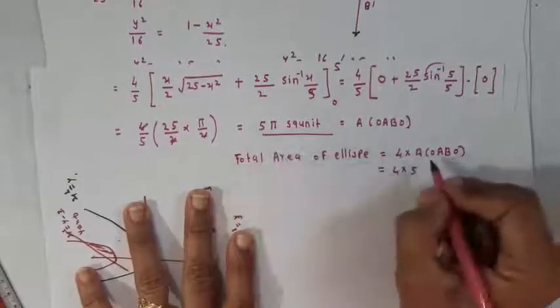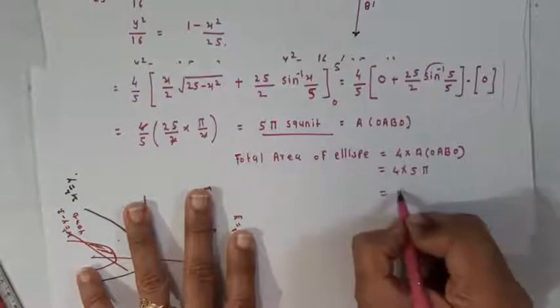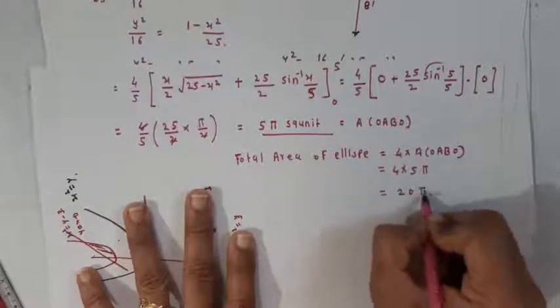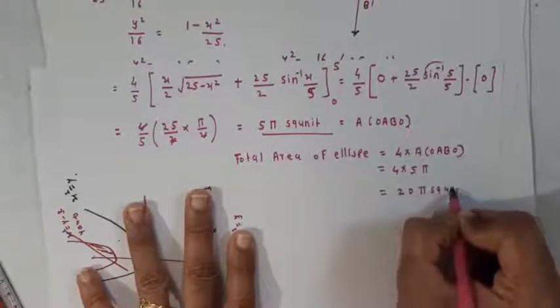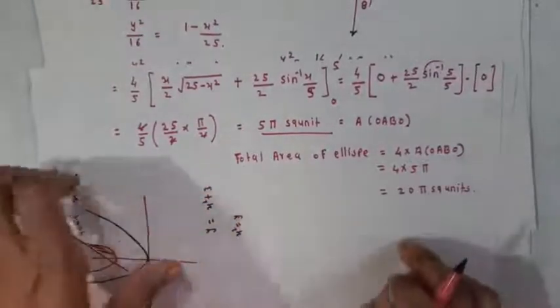We have just found out that it is 5 pi square units, and hence the total area of the ellipse is equal to 20 pi square units. In this way, we have to find out the area of an ellipse.